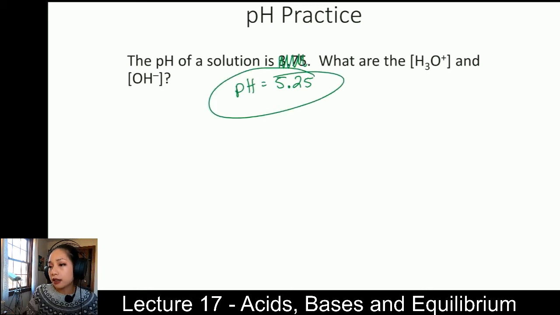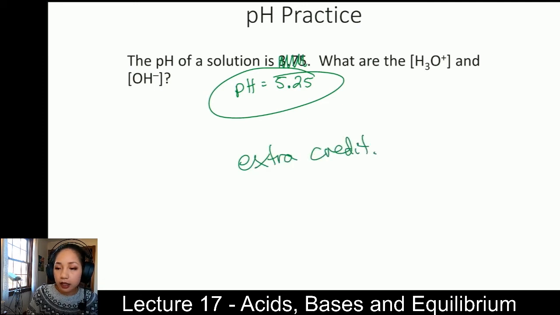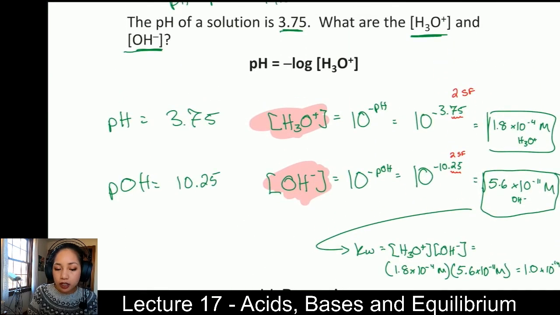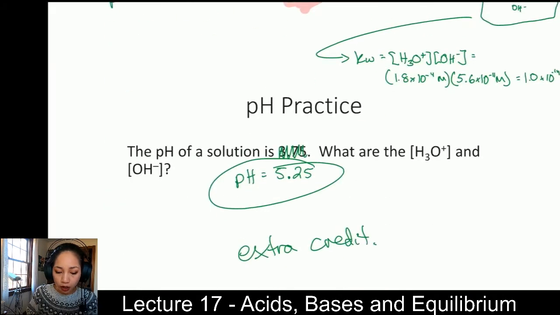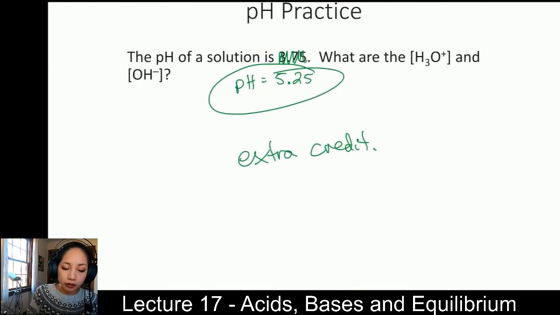Tell me what the hydronium concentration is and the hydroxide concentration is, and I will give you extra credit. Just email me the work for this. It's exactly the same as the previous question, except with a different pH value, so you'll calculate a different pOH value.